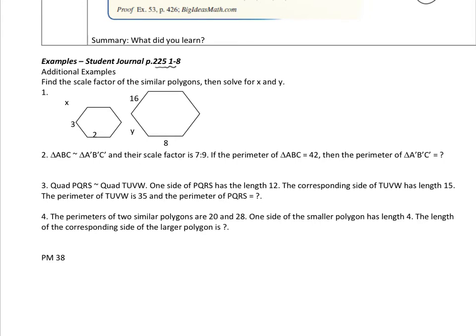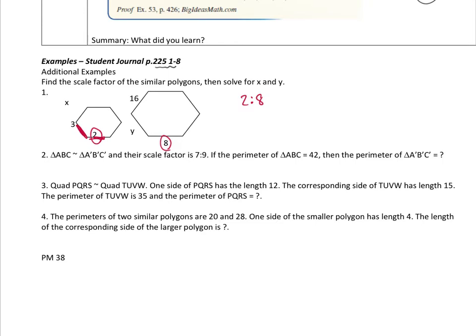For this first one, it says, find the scale factor of the similar polygons, then solve for x and y. All right, so the scale factor here, this is 3 right here, and this is 2, so let's clarify that. So the scale factor is going to be 2 to 8, right? That's our scale factor.